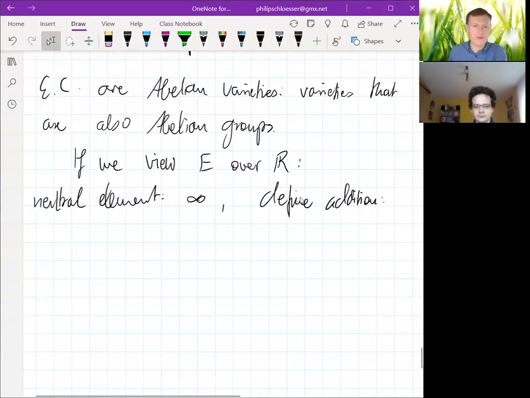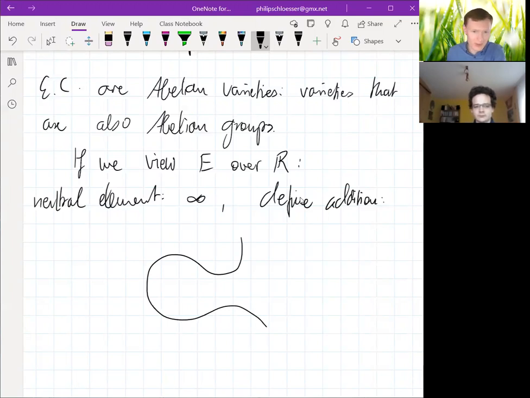The curve itself looks a bit like this. Sorry, it should really be symmetric across that axis, so I failed.